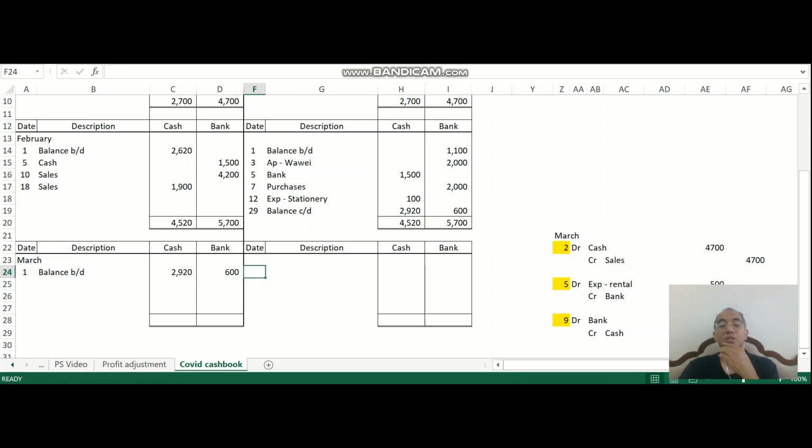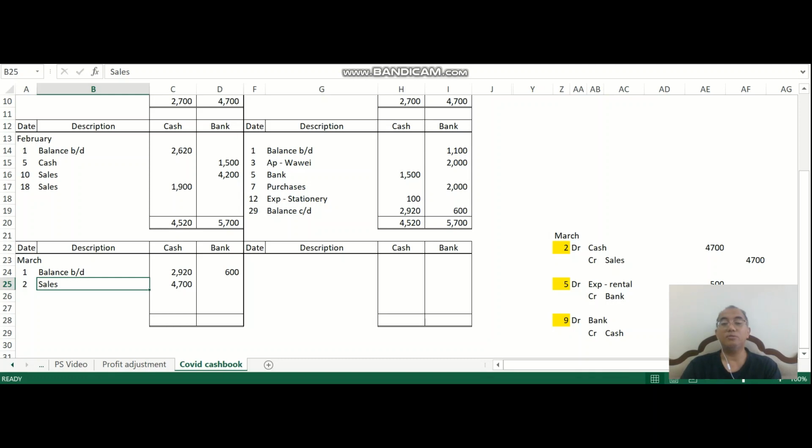Okay, so let us proceed with the one that we have already marked, to be put inside your cash book. Okay, on the second, debit cash, credit sales. So I go to the debit side and I go to cash. So 4,700, and it is about sales. When? On the second.